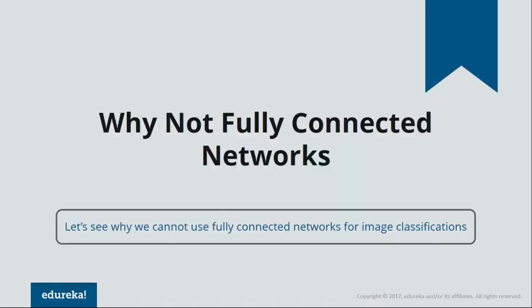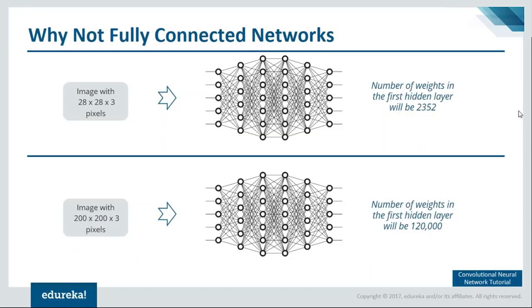So let's move forward and see why we can't use fully connected networks for image classification. Consider an image which has 28 cross 28 cross 3 pixels. When I feed this image to a fully connected network like this, the total number of weights required in the first hidden layer will be 2352. You can just go ahead and multiply it yourself. But in real life, images are not that small.